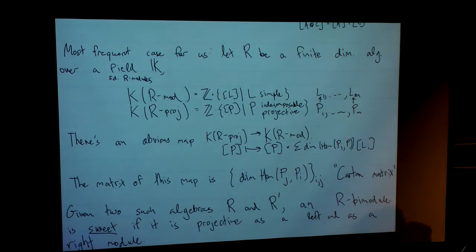I probably need to be careful here if I'm taking a general finite dimensional algebra, since you get different division algebras as the endomorphism rings of the simples, but let's not worry about that. Let's just assume K is algebraically closed. So the endomorphism ring is very simple.